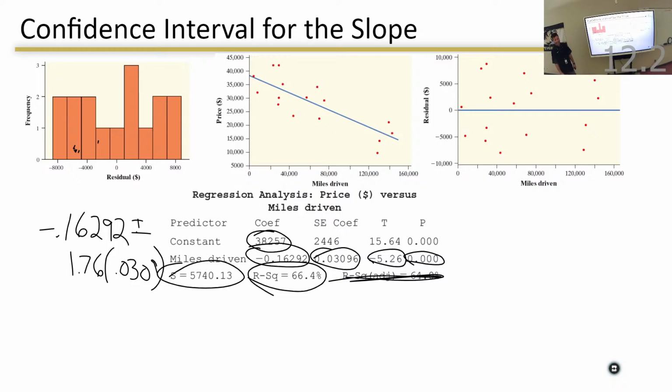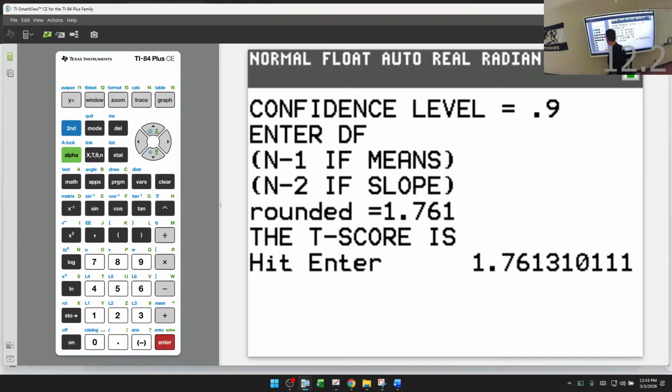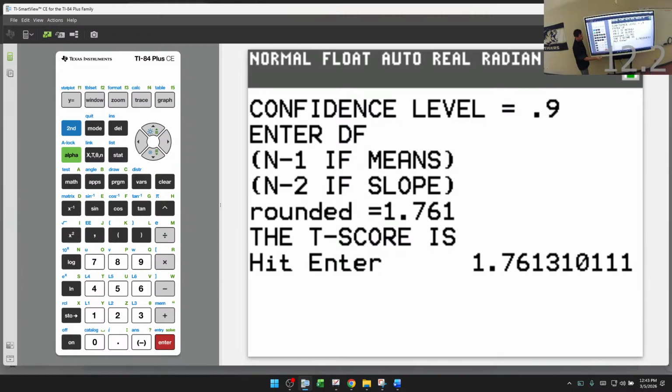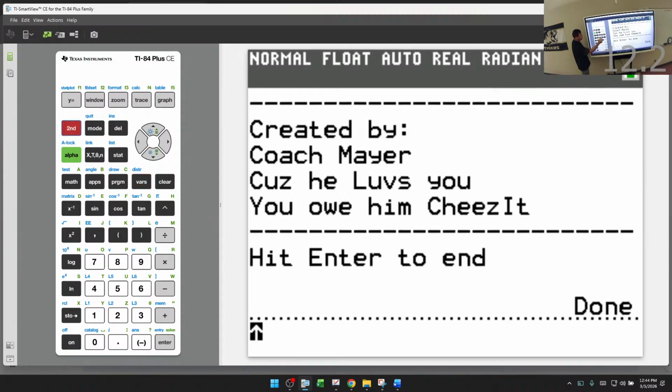If you're doing inverse t, which I had somebody do, don't forget this. Inverse t. Hit enter. There it is.